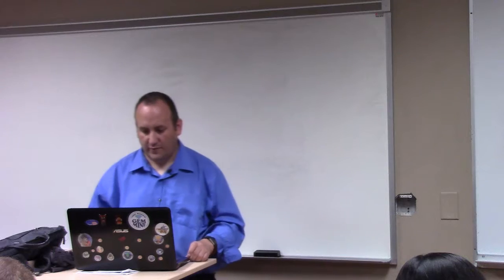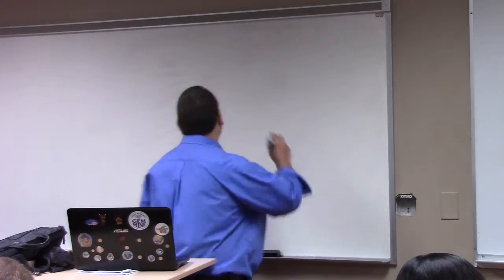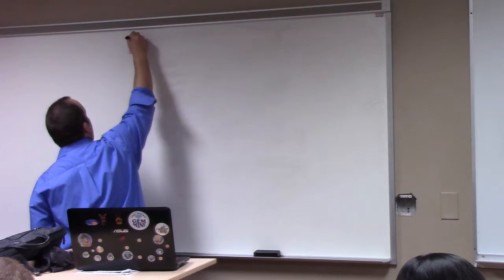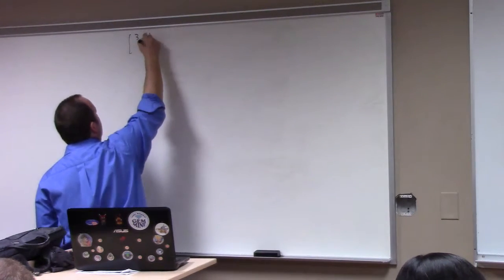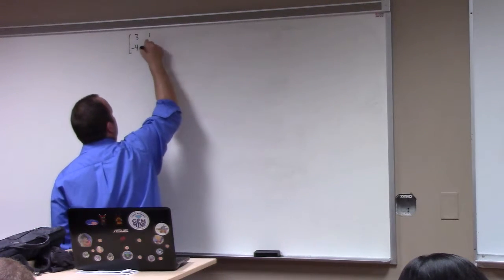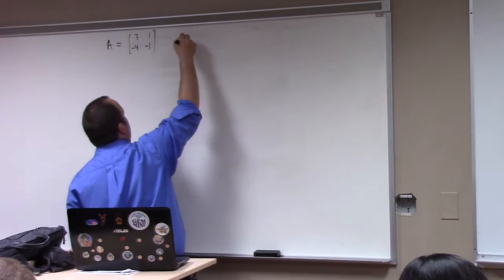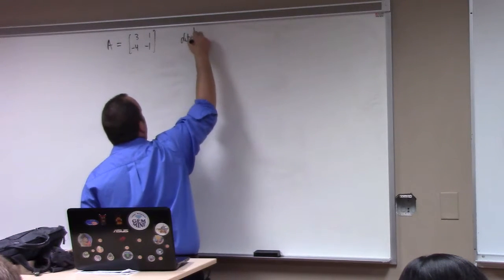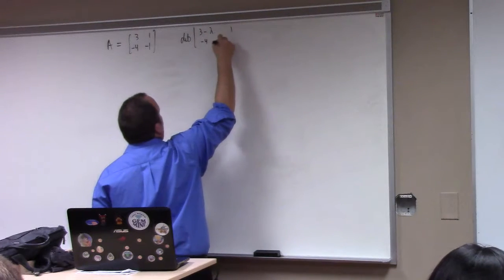All right. So I'm returning to example 5.44, which was 3, 1, minus 4, minus 1. This was the 2x2 matrix A, which we only found one eigensolution for. Let's work it out again. 3 minus lambda, 1, minus 4, minus 1 minus lambda.